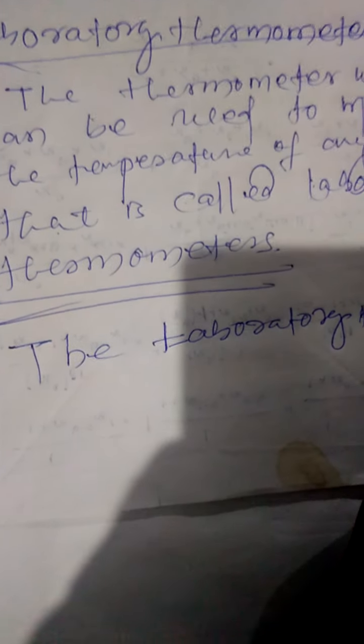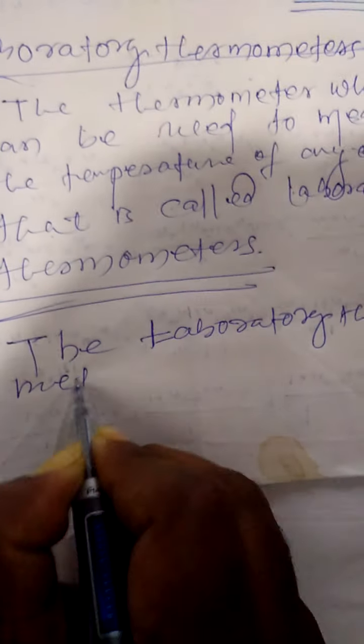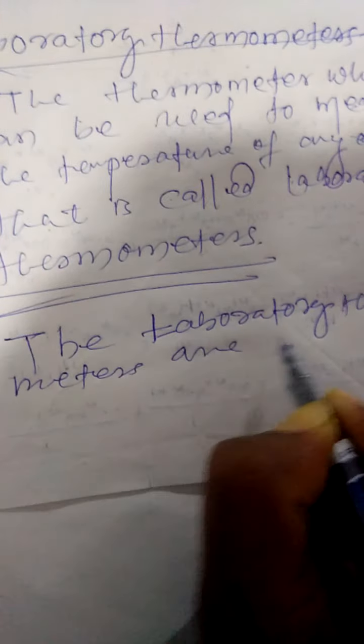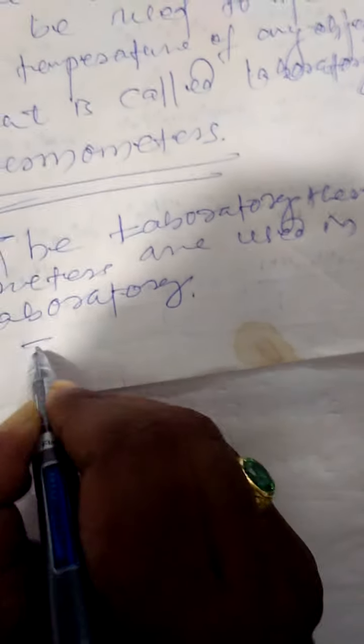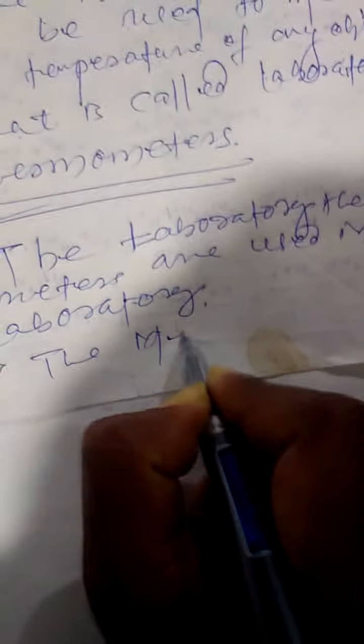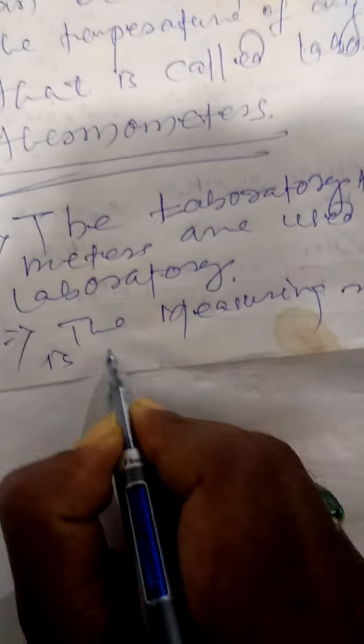The measuring range of laboratory thermometers is -10 degrees Celsius to 110 degree Celsius.